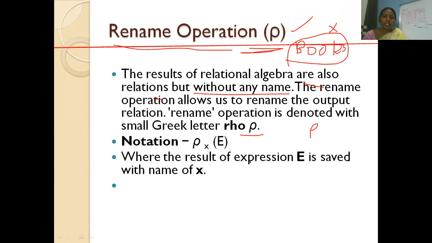Now, the result of the expression E is saved with the name X. So whatever operation you are performing here, you are performing an operation R cross S, right? So this R cross S result would be stored in, say, a new table. So I am giving the name new. That means the result of R into S is saved with the name new.